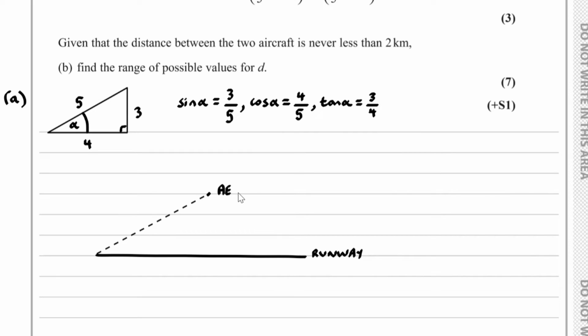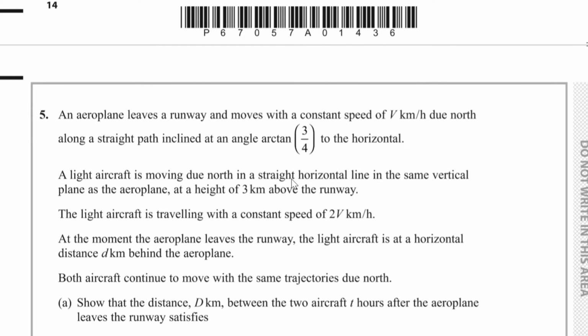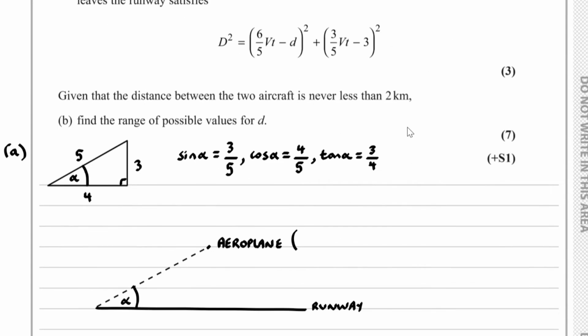Here we've got the aeroplane, and the distance it would have travelled at this point, if this angle is alpha, well, we've got the speed v, and if I multiply the speed by the time I get the distance, so the distance will be vt. The x coordinate is vt cos alpha, and we also have vt sine alpha in the y direction.